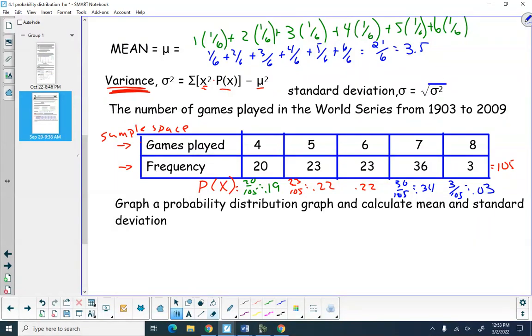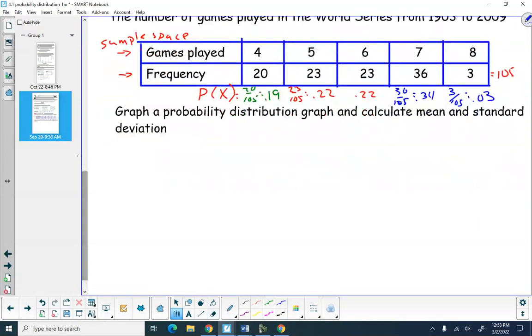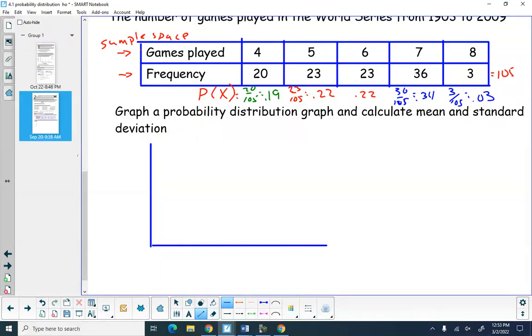So we can make a probability distribution, and you don't have to get crazy with it. I'm going to put my probabilities here, and here's my sample space: 4, 5, 6, 7, 8.